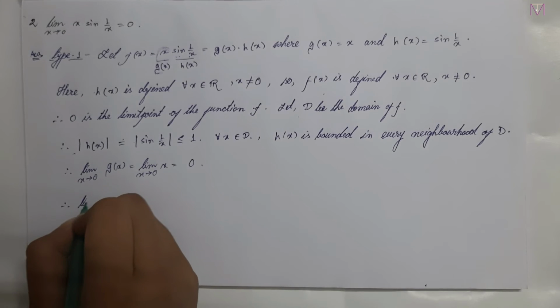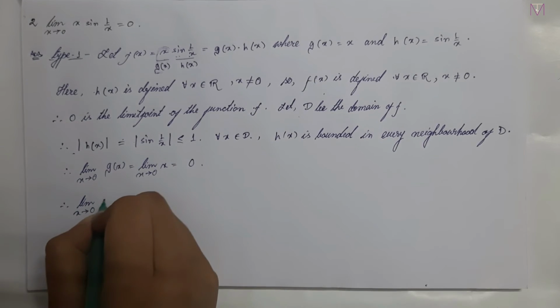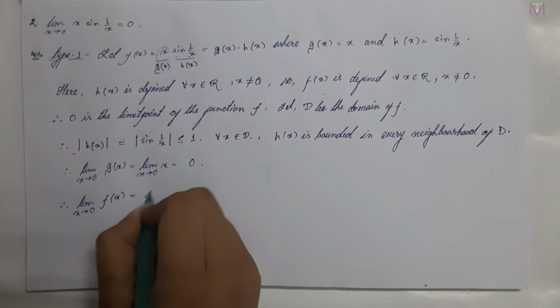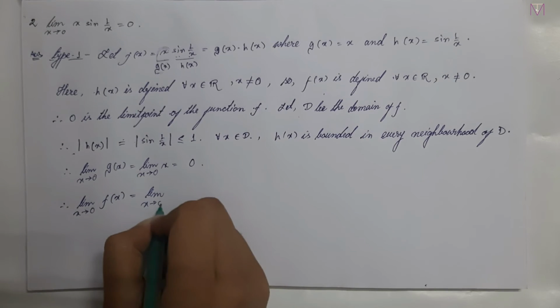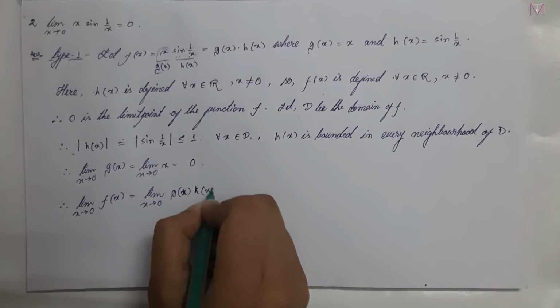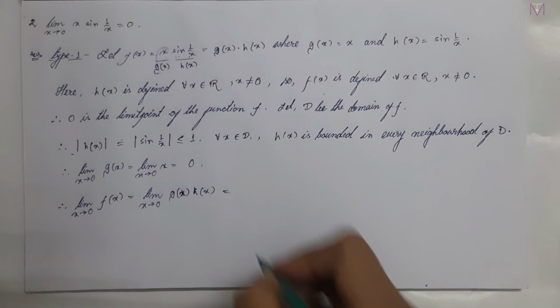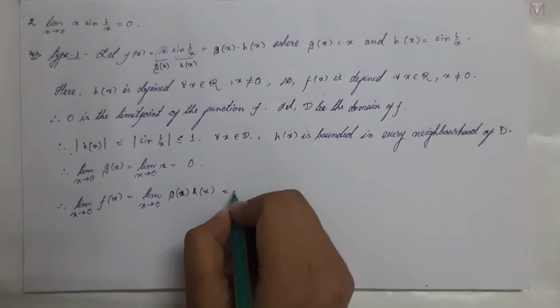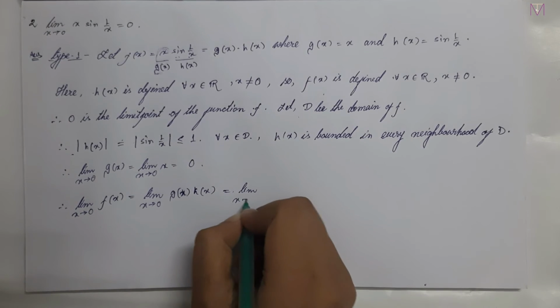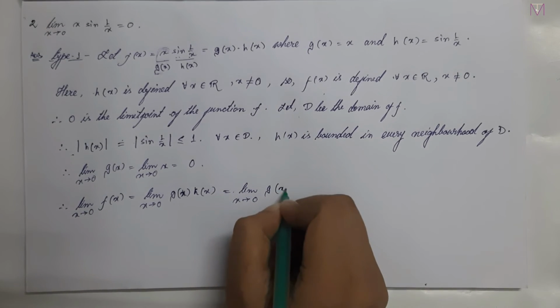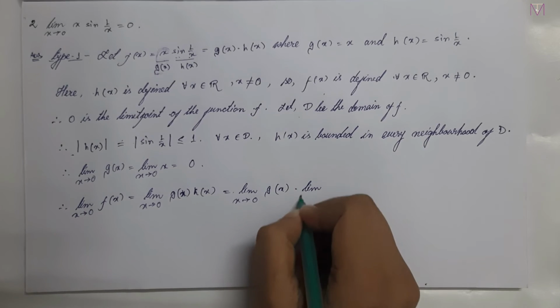Now if we evaluate this f(x), limit x tends to 0, g(x) into h(x), that is limit x tends to 0, g(x) into limit x tends to 0, h(x).